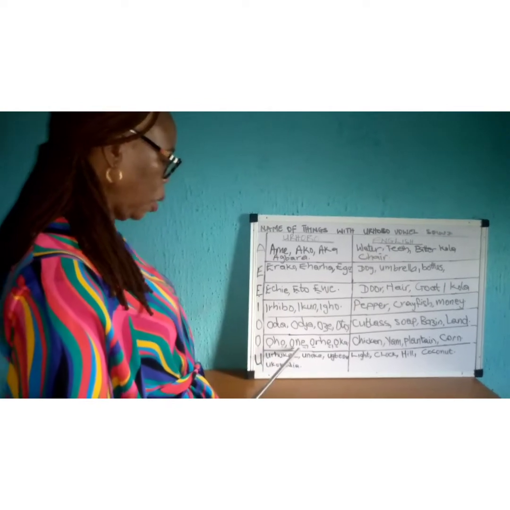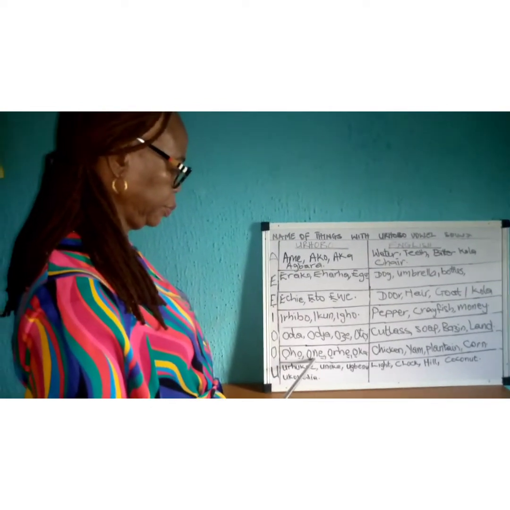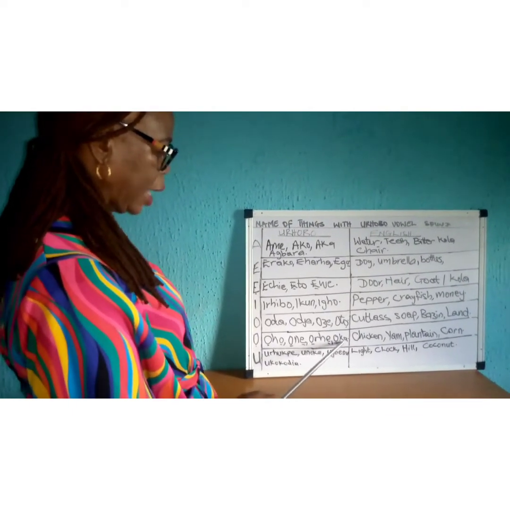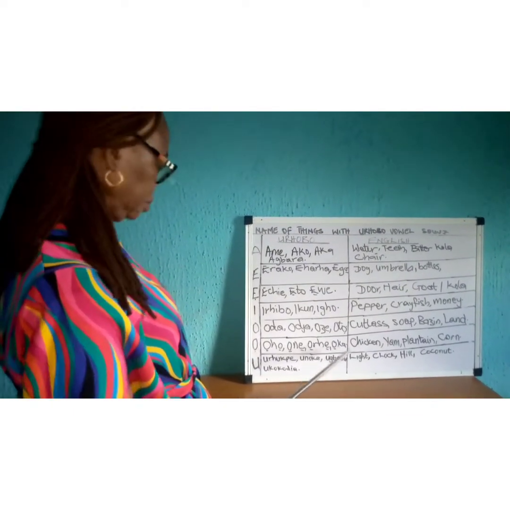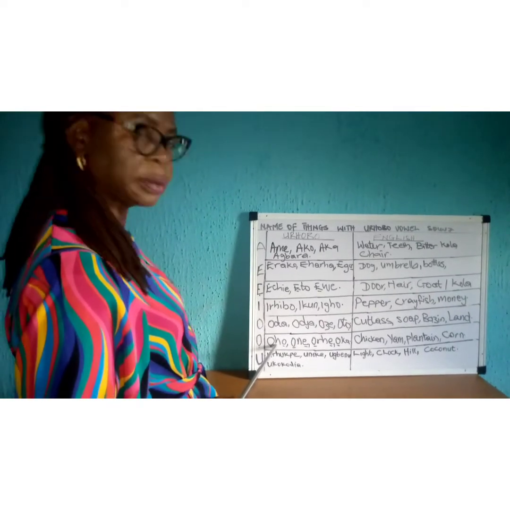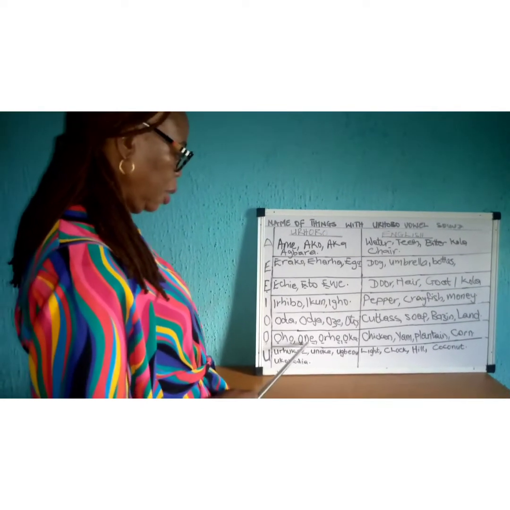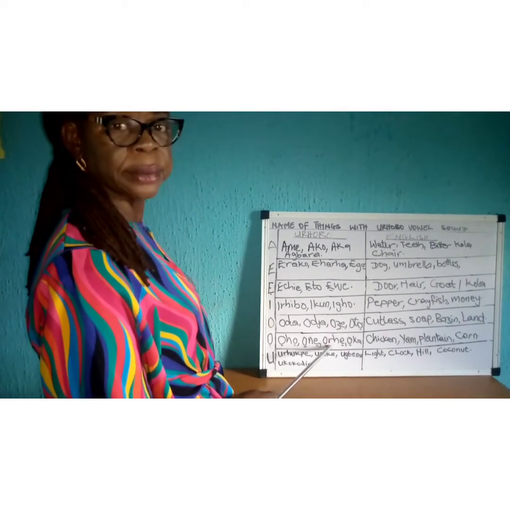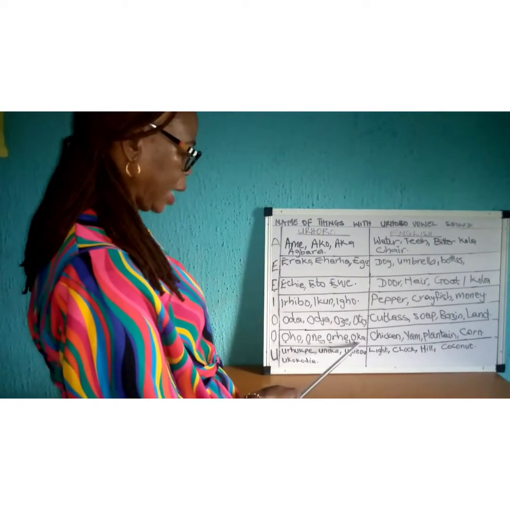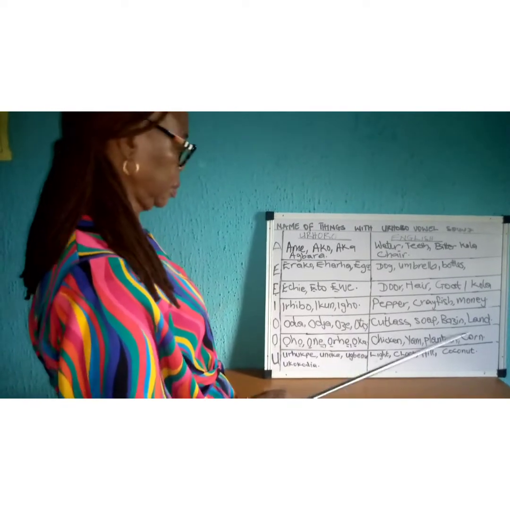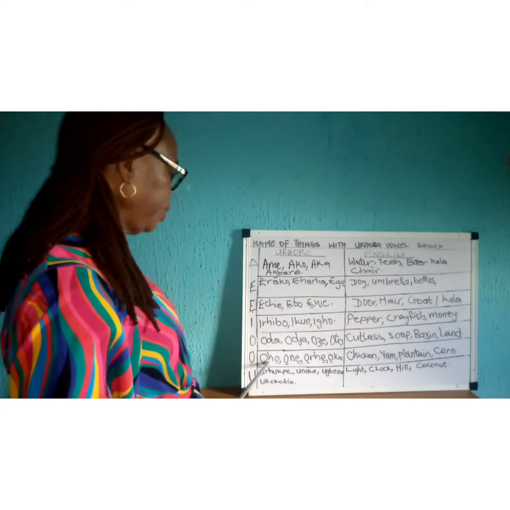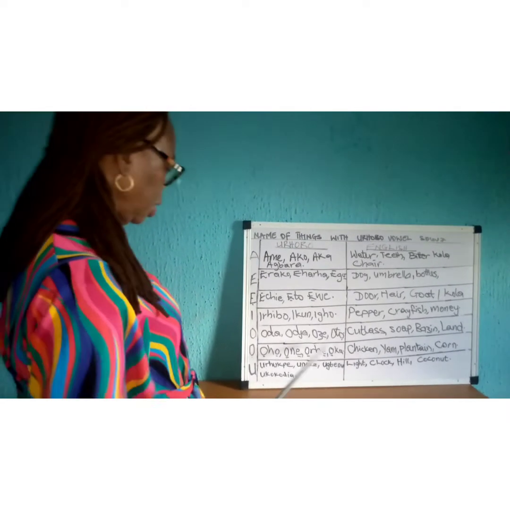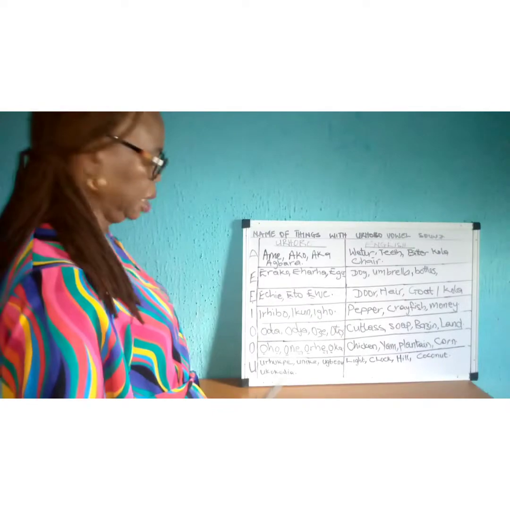Another example, one, ore, oka. Oho means chicken.